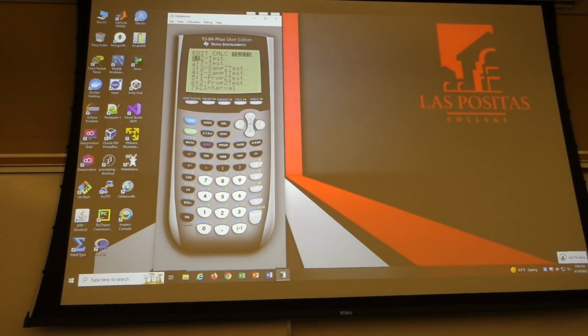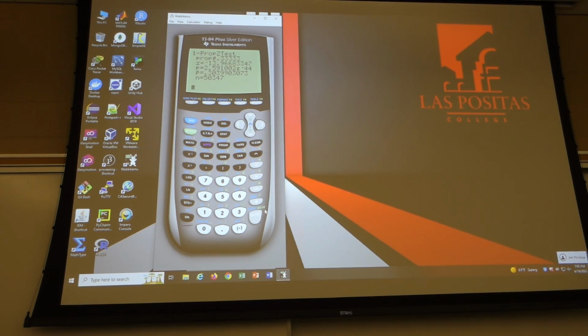Stat, test, 1 prop z test. Oops, 1 divided by 3. 15305, 5347. My claim was not equal to, and calculate.